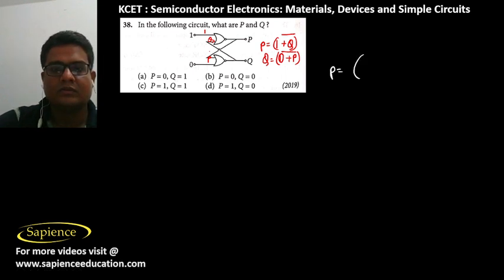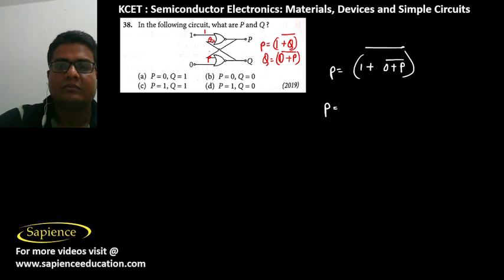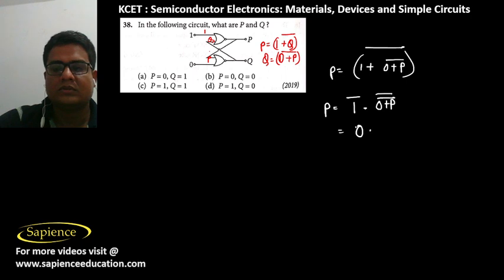So therefore, P will be equal to 1 not and 0 or P double not. So this is equal to 1 not, that is 0, and 0 or P, that is P. So 0 or P will be P only.